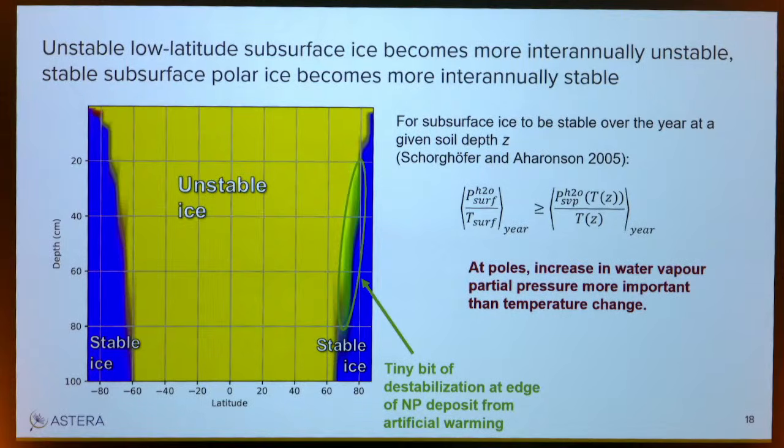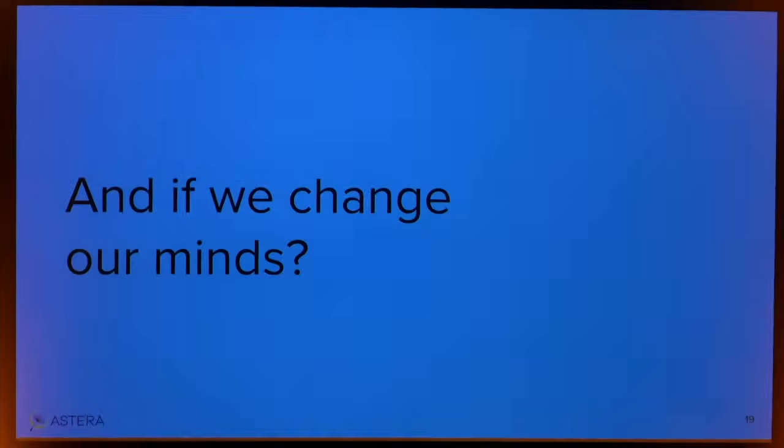Whereas at the poles, where you previously got stable ice, they actually become more stable, because while you get relatively minimal warming in this region, you get a large emission, several orders of magnitude, of water vapor into the atmosphere, which stabilizes this region to sublimation. Of course, we haven't taken lag deposition into account in this model. This is something we will have to do for future work.